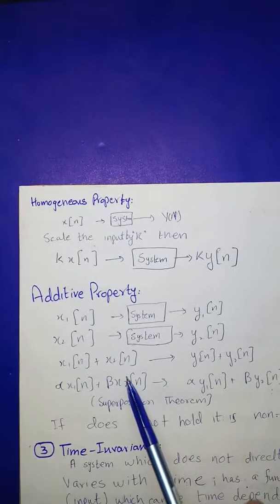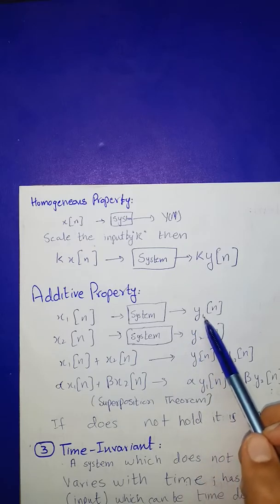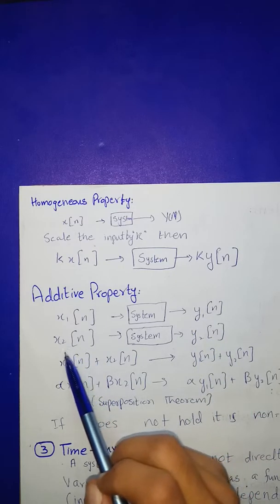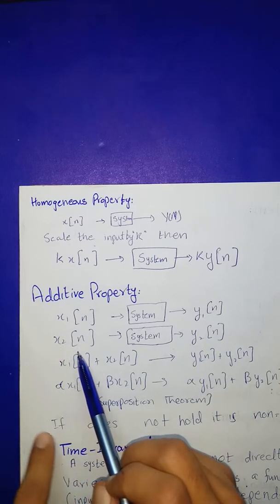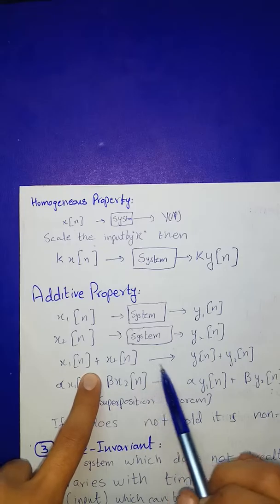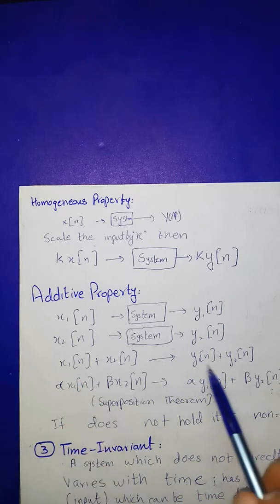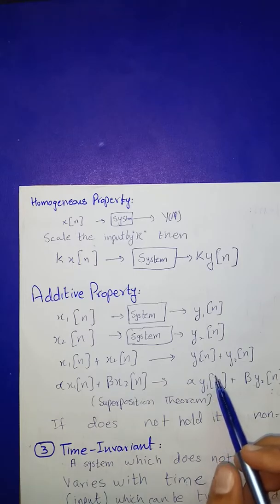The additive property is that if we provide a signal x1 to a system and it provides us y1, and we provide another input x2 to the system and it provides y2, then if we add these 2 inputs, it will provide us the sum of their outputs. So it means that it holds the additive property.